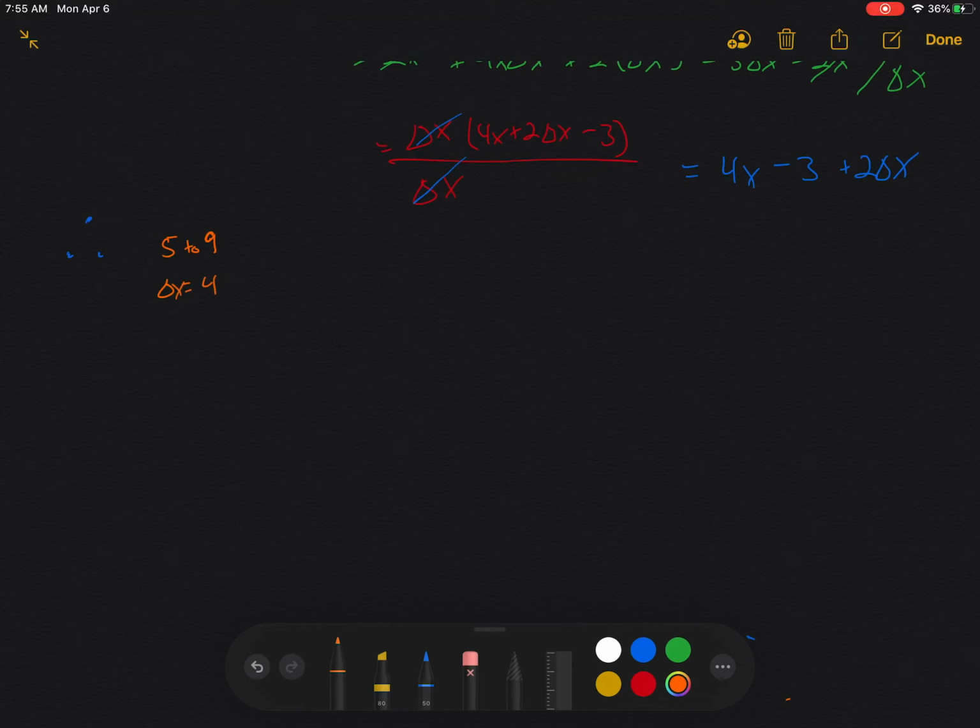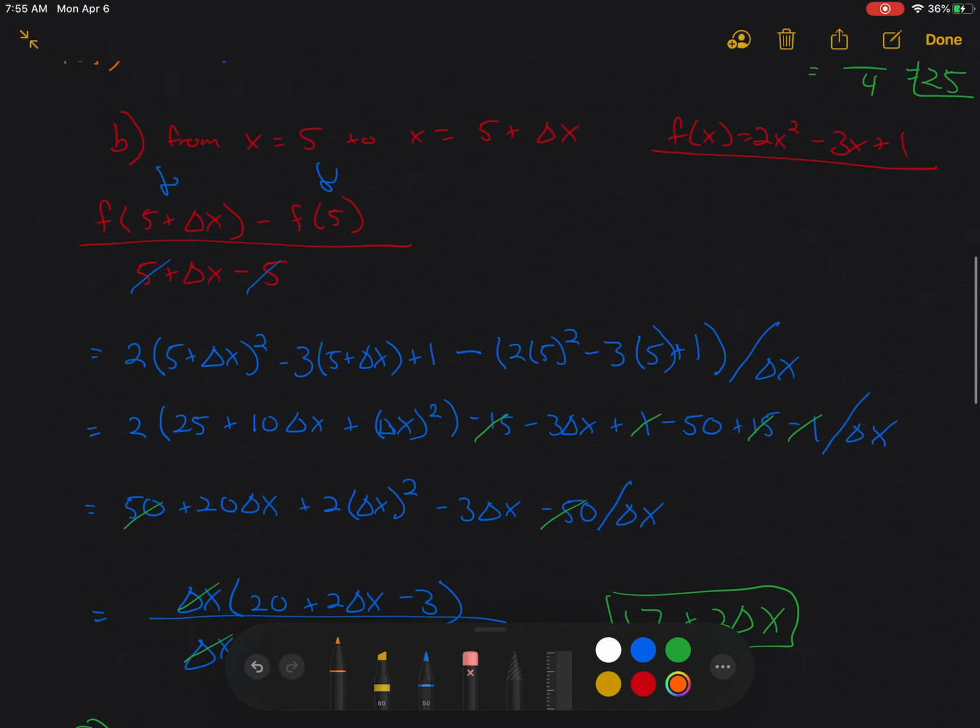So our delta x equals 4. If we plug that in, and we want to use our x1 term, which is 5, we have 4 times 5 minus 3. Our delta x is 4, so 2 times 4 is 8. You get 25. Hold up a second.